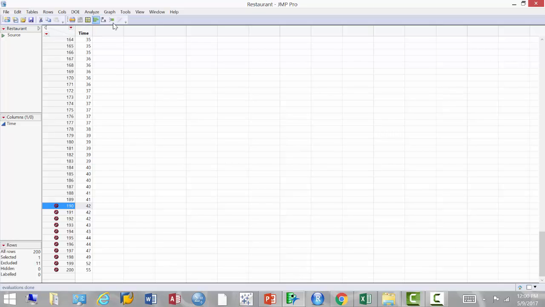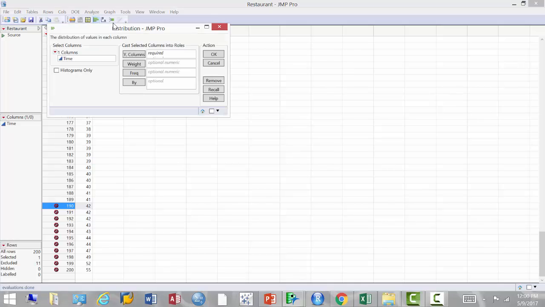And let me show you one more cool thing. This thing is simple, but later on, in a more complicated type of analysis, I may need to rerun this, and JMP actually remembers what you did the previous time, and you can recall it. So if I click on the recall button right there, it places what I did last time, the time variable right there, with the last settings that you used.